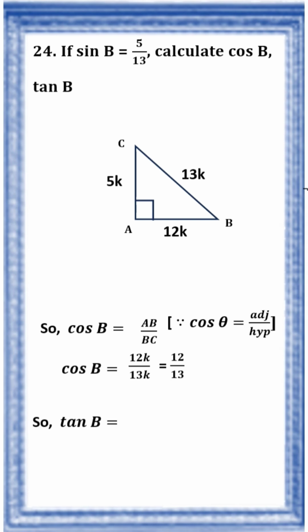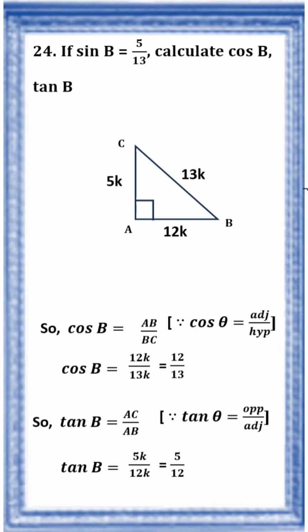Now let us calculate tan B, that is equal to AC by AB, since tan theta is equal to opposite side by adjacent side. So tan B is equal to AC is 5K, AB is 12K. K and K get cancelled. So tan B is equal to 5 by 12.